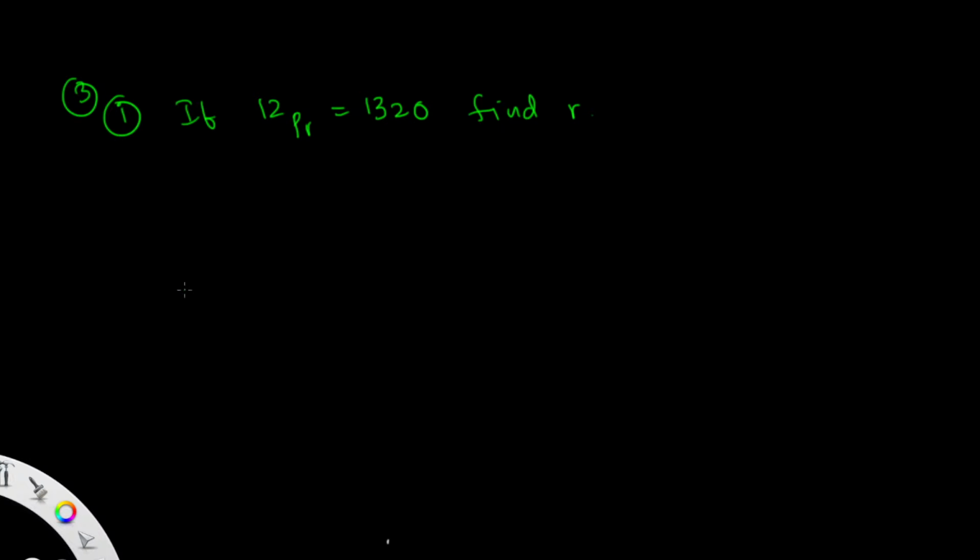We already did a similar problem. 1320 can be written as a product, 132 into 10. Now 132 can be written as 12 into 11, so 1320 is 12 into 11 into 10.